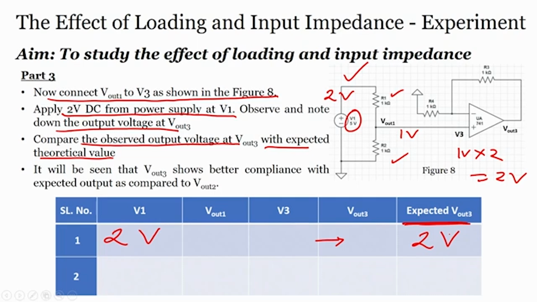If I apply 4 volts here, my V out would be 2 into 2, where 2 is the gain, for 4 volts. Since this is a non inverting amplifier, I am not writing a minus sign. In the last circuit, which was an inverting amplifier, we had to use a negative sign because of the phase shift.